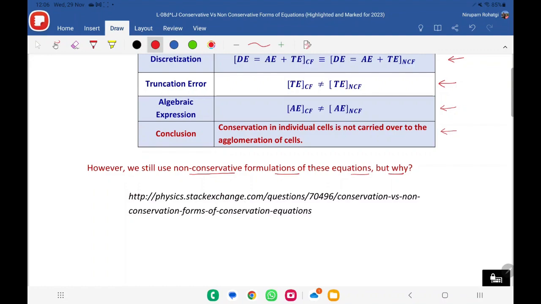At the infinitesimally small level, you find that you get the answer from both of them, right? So just like FDM and FVM, in FDM we do not know whether the conservation principle is followed or not, right? Same thing here, in the conservation form and non-conservative form, in one the conservation principle is followed, in the other it is not followed.